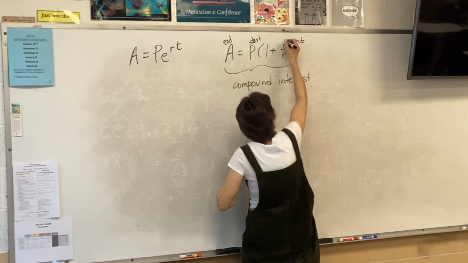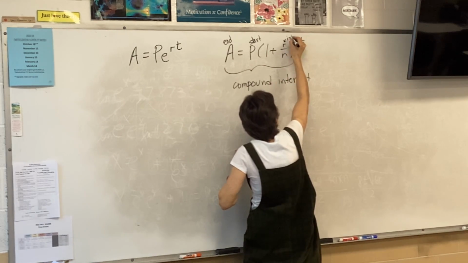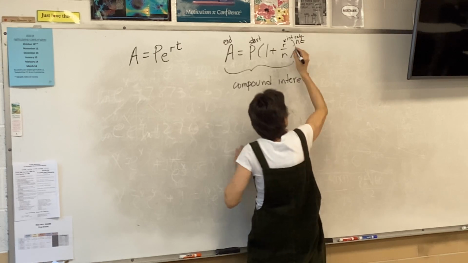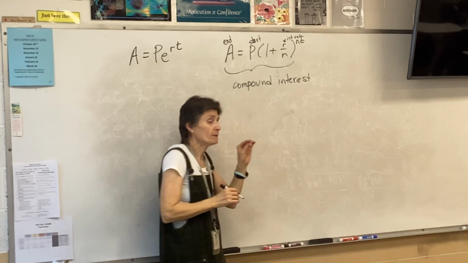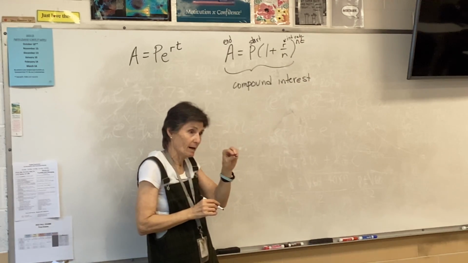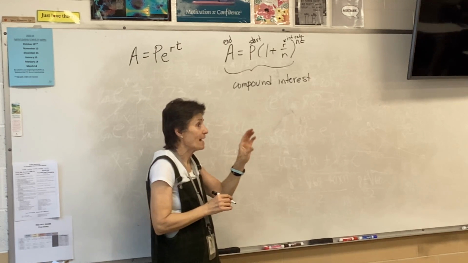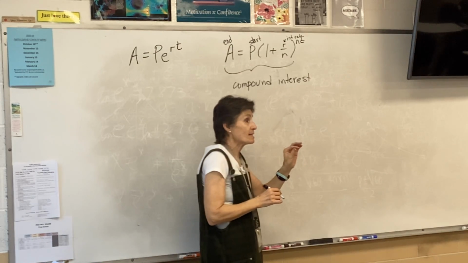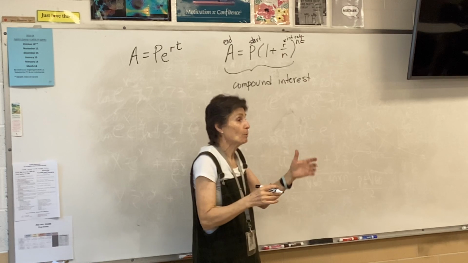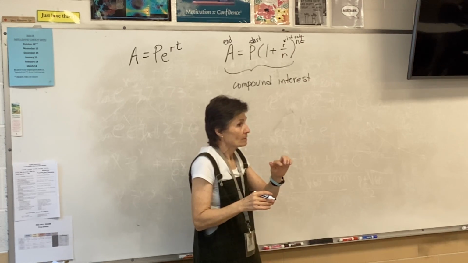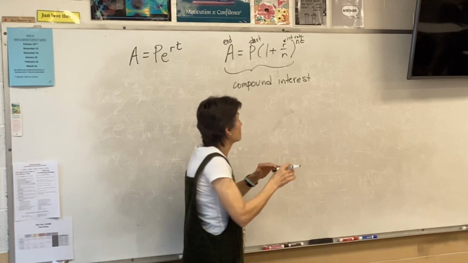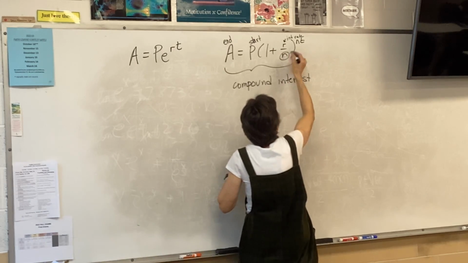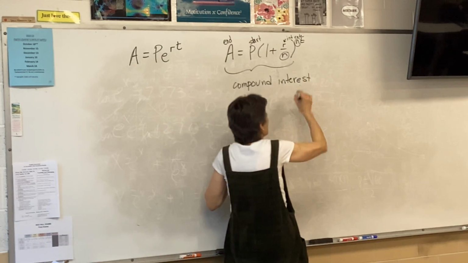This is the interest rate. Now, when you put that into the formula, it must go in as a decimal. So if it says 3%, you put in 0.03. Got it? It's not going to work otherwise. And there are 2 of them.